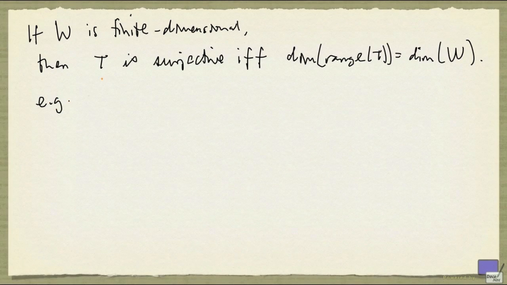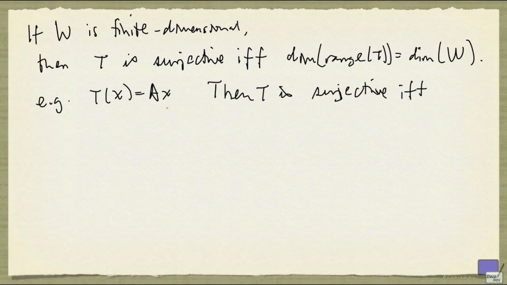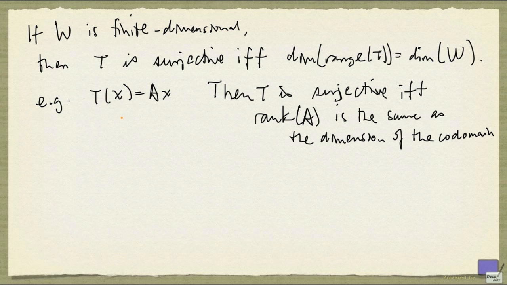And for example, say T is given by A times X for some matrix A, then T is surjective if and only if the dimension of the column space is equal to the dimension of the codomain, because the range of T in this case is just the column space of A. But the dimension of the column space is given by the rank of A.